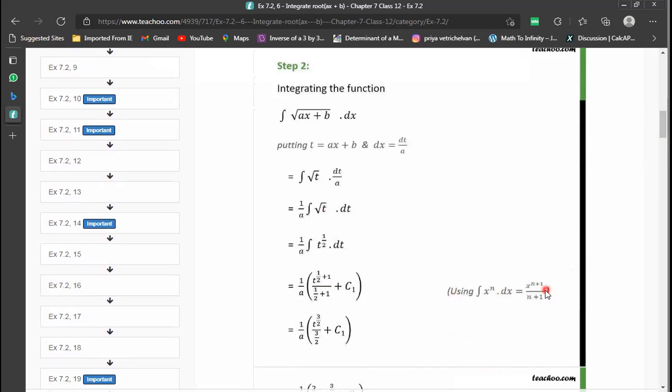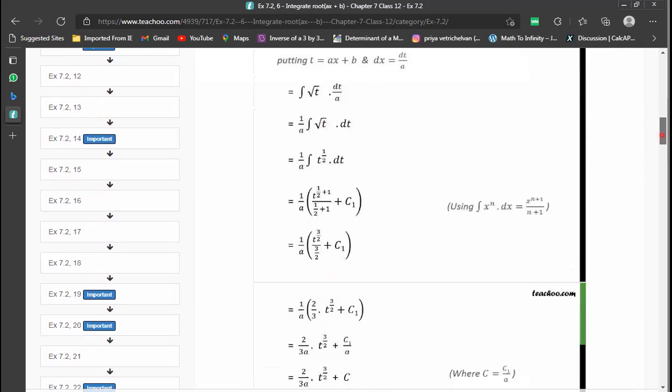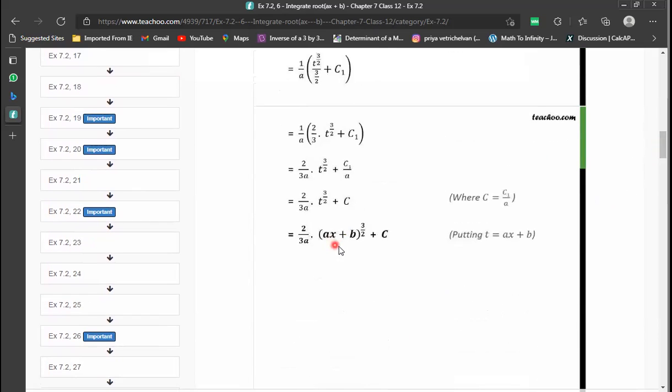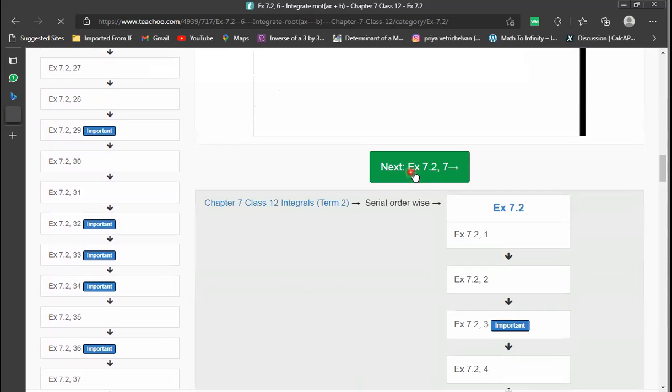Similarly, the denominator also has its power increased by 1. So it's t power 1 by 2 plus 1 upon 1 by 2 plus 1. So it's t power 3 by 2 upon 3 by 2 plus c. Again, we have to put back the value of t in terms of x. T is ax plus b. That's it. Okay. Simple.